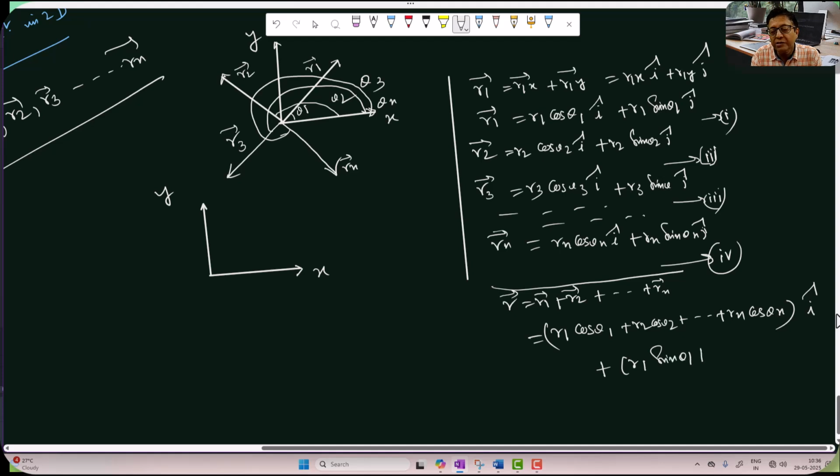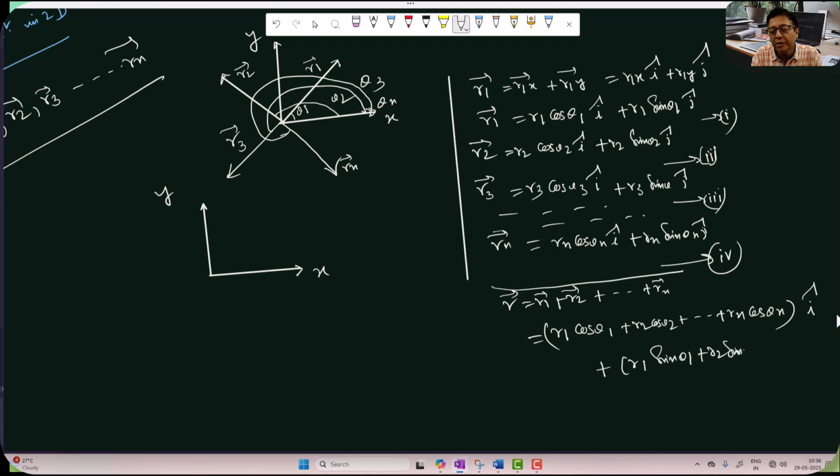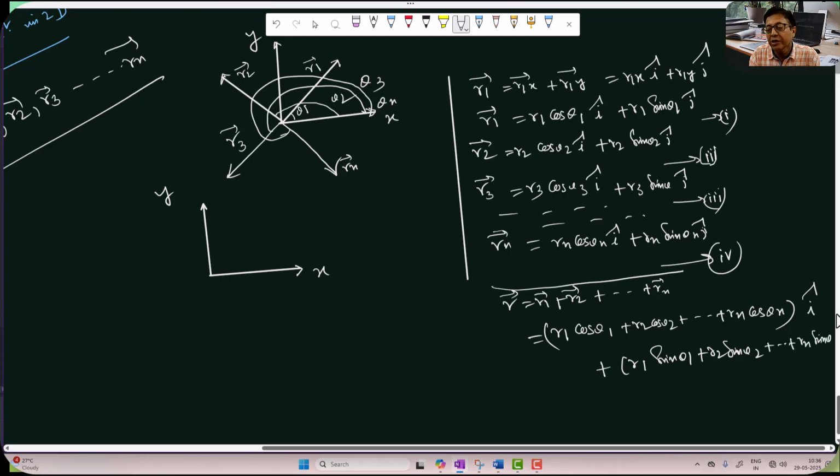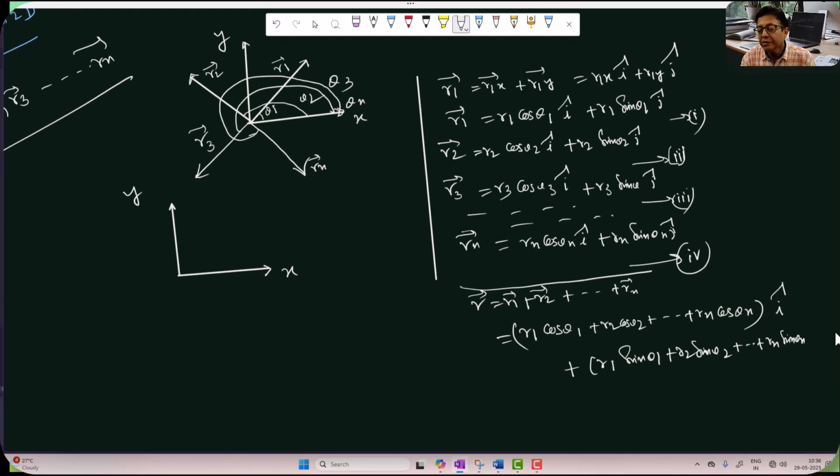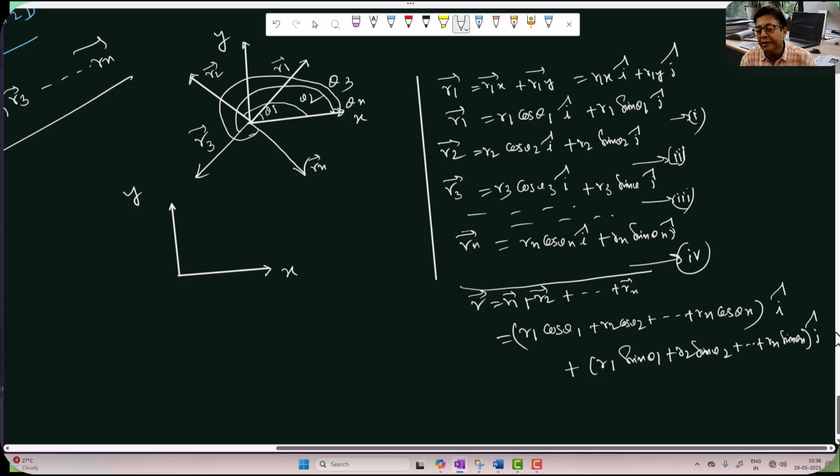This plus R1 sin theta 1, R2 sin theta 2 ... Rn sin theta n j cap. Isn't it? But these components you have added, no, you just write this one as Rx, sum of the components.